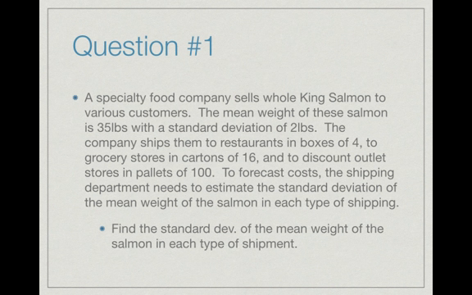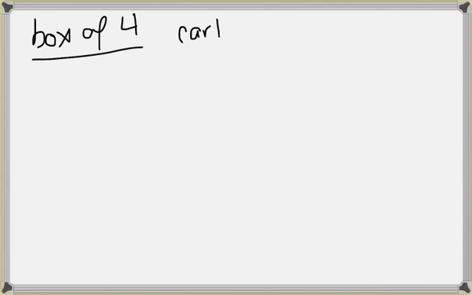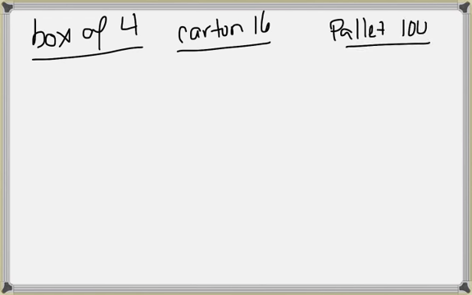So, first part, find the standard deviation of the mean weight of salmon in each type of shipment. We know that they have a box of 4, a carton with 16, and then a pallet of 100.